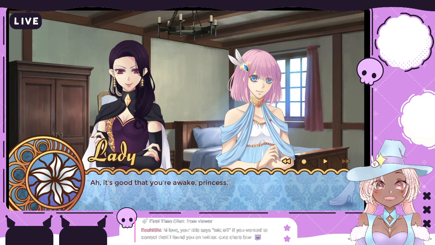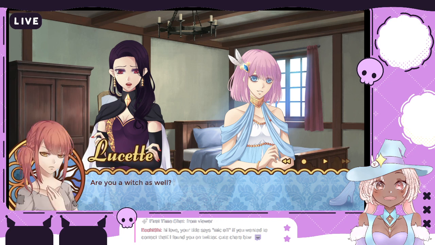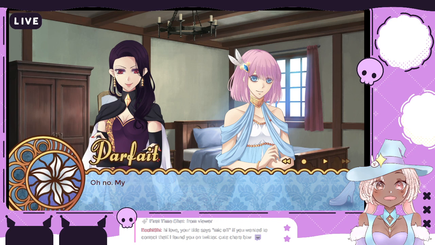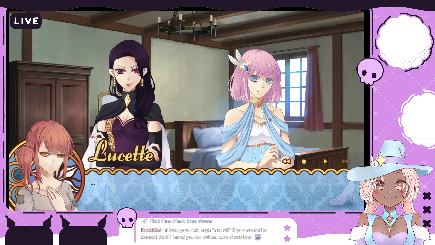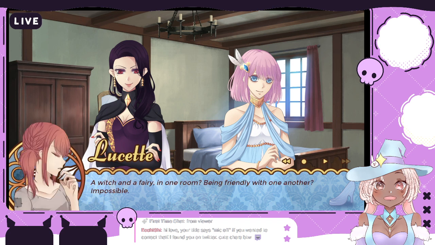Ah, it's good that you're awake, princess. Parfait, should you really be up and about? Don't fuss, I'm feeling much better. Are you a witch as well? Oh no, my name is Parfait, and I'm a fairy. A witch and a fairy in one room, being friendly with one another?